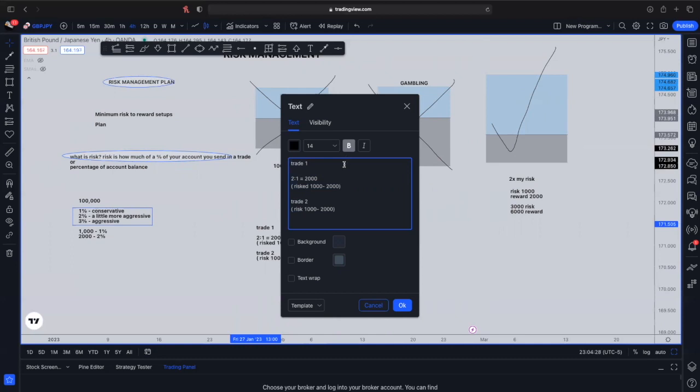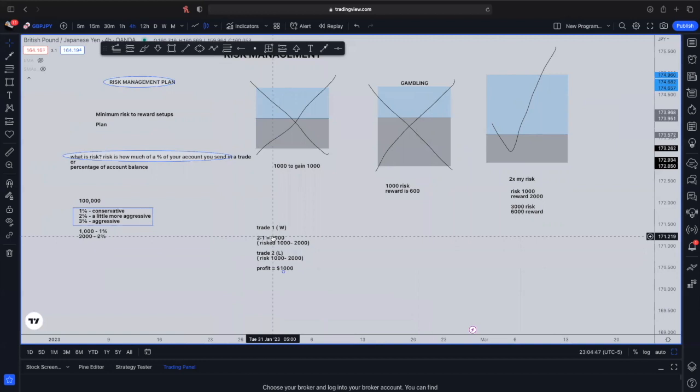Let's say we win the first one and lose this one. Well, guess what? Profit equals $1,000. Boom. So 2 trades going 1-for-1.